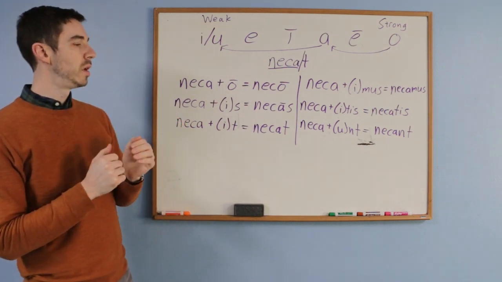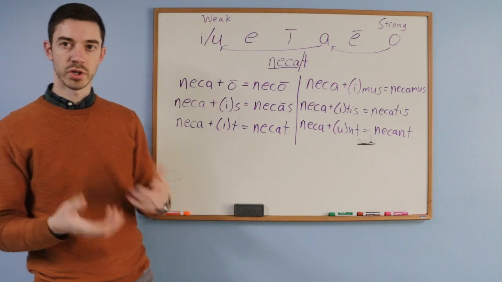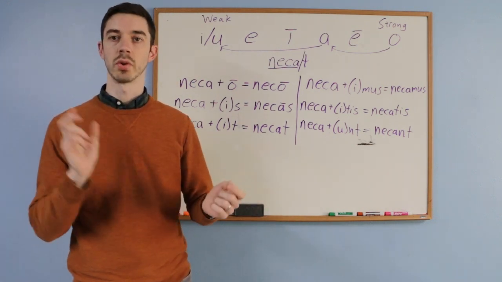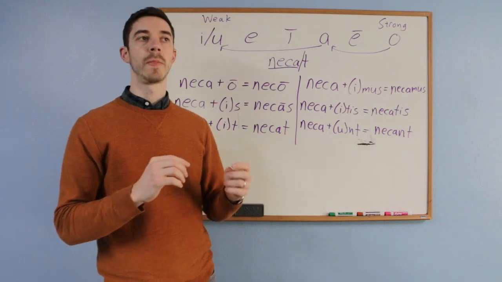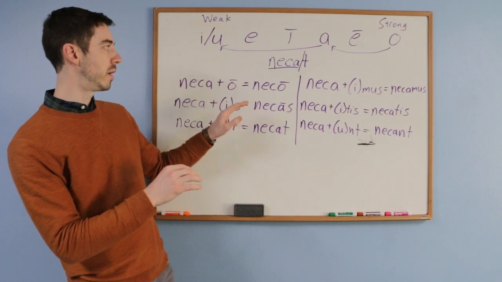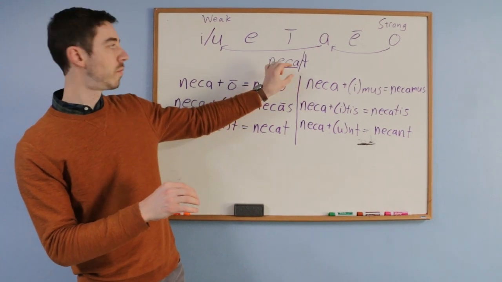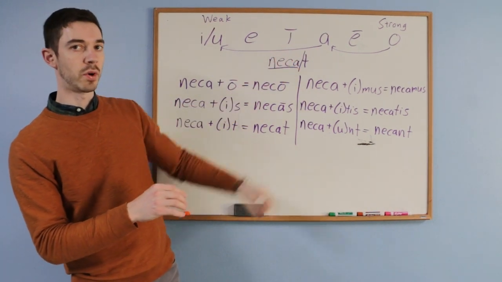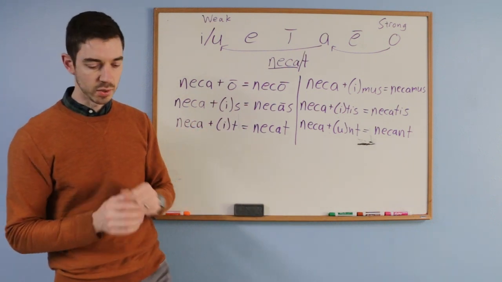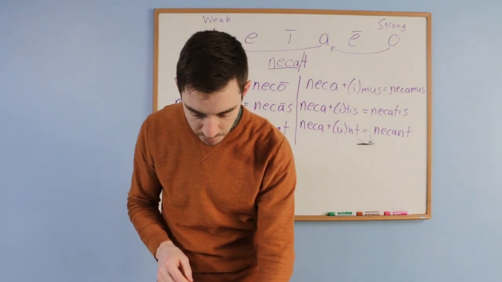And in English, if we want to show who is throwing, we use the different pronouns, right? We say I throw, or you singular throw, or he, she, or it throws. But in Latin, we get all of that information just from the ending of the word. So the word is the same, and we just add the different endings on to see who is doing the action. All right.